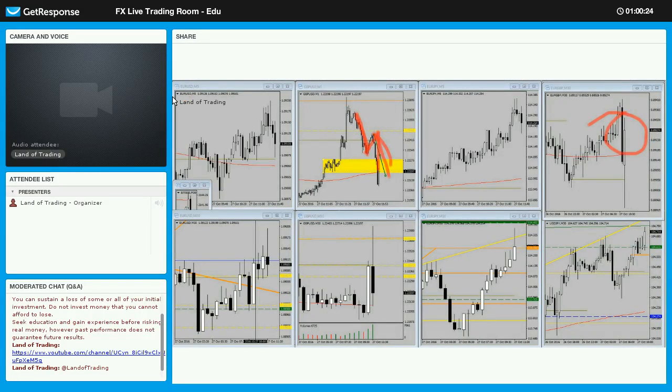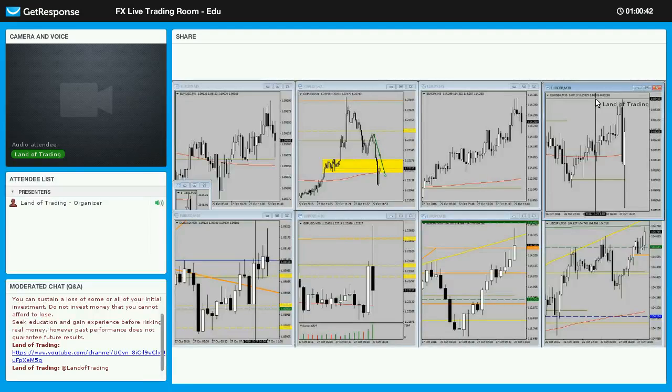And just a short explanation of how I'm placing my stops. The top here at the Euro Pound is 89.42, let's say.